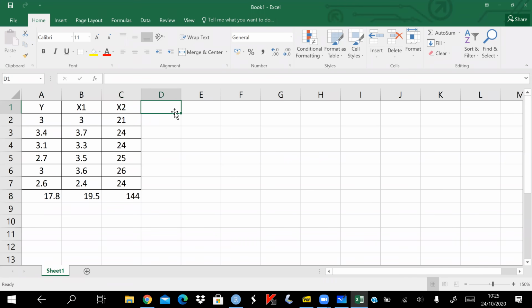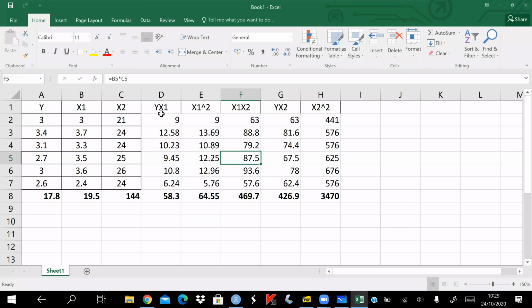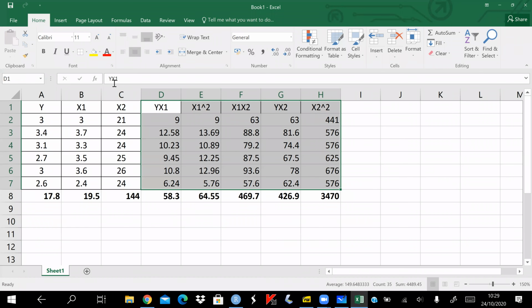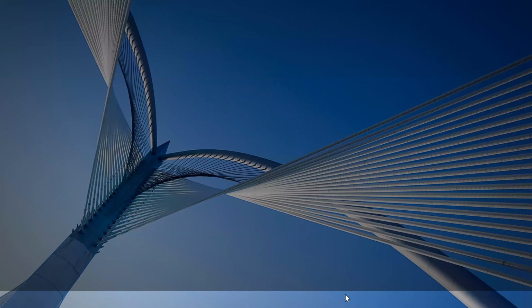So here I need y times x1, and I need x1 squared. So this is a table that we shall use to obtain the various summations, and we are interested in the totals, the summations, the ones in bold. So back to our whiteboard.